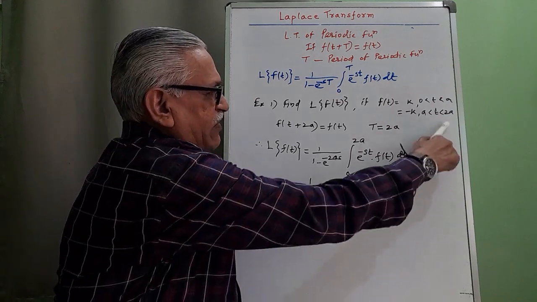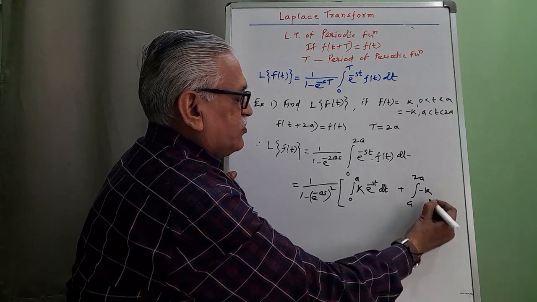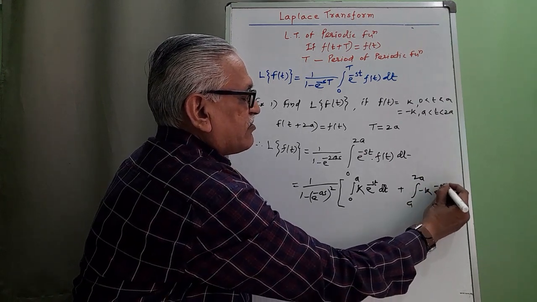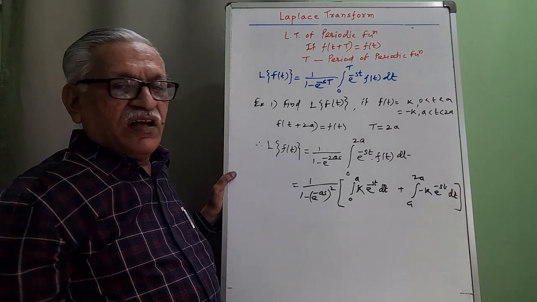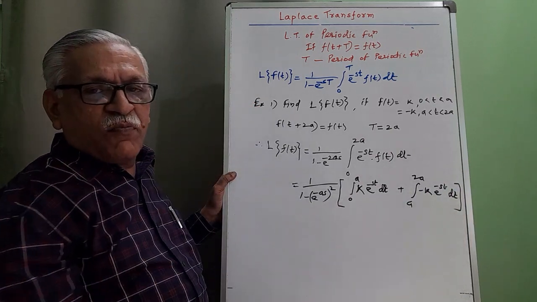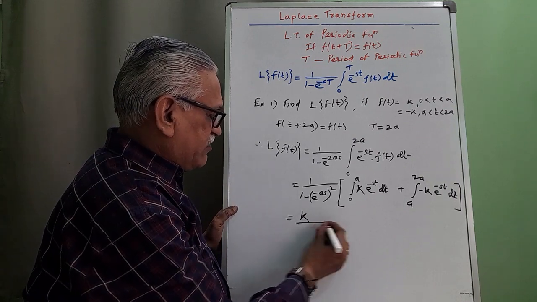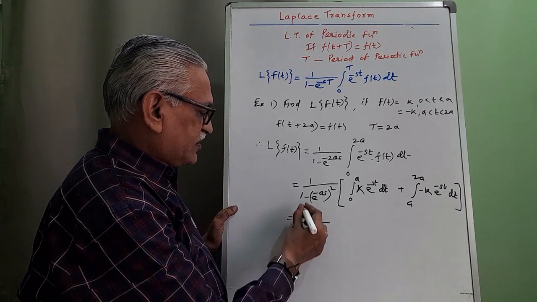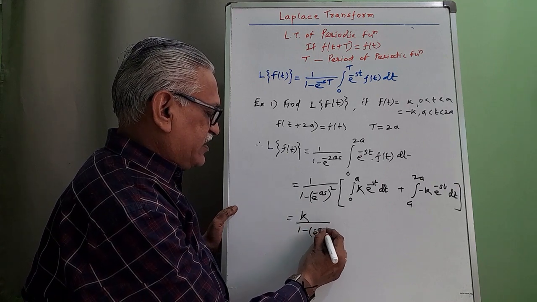Between a to 2a, the value is minus k into e raised to minus st. From these two terms, I can take k common as it is a constant term. Therefore, it is k divided by 1 minus e raised to minus as.